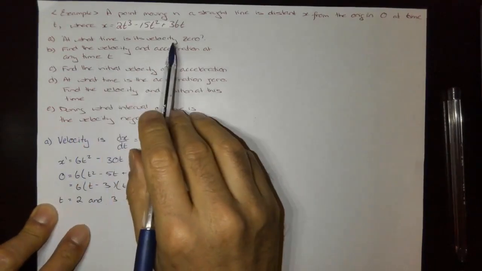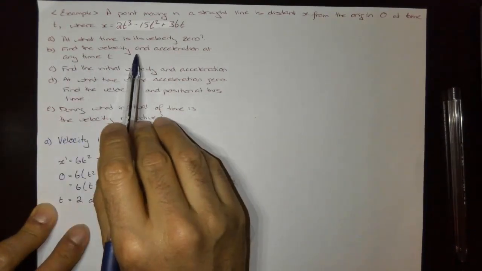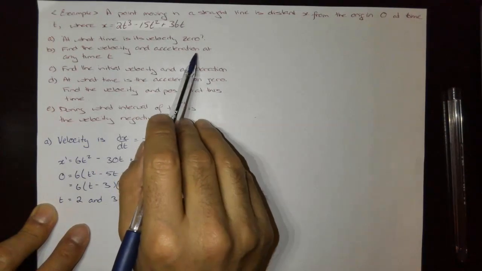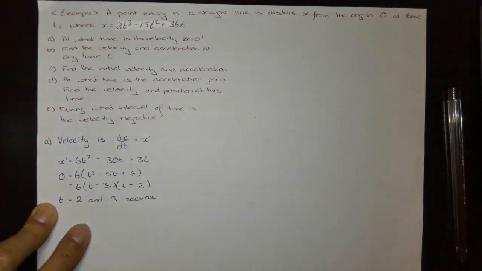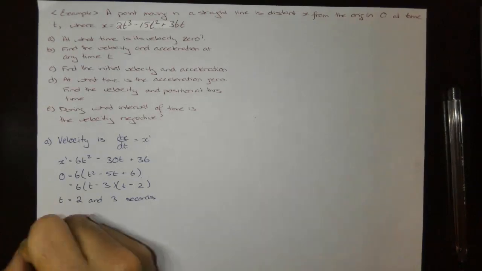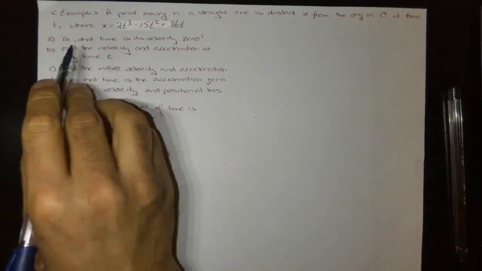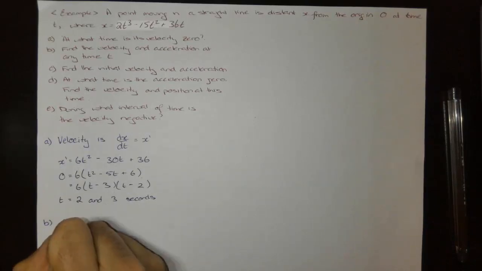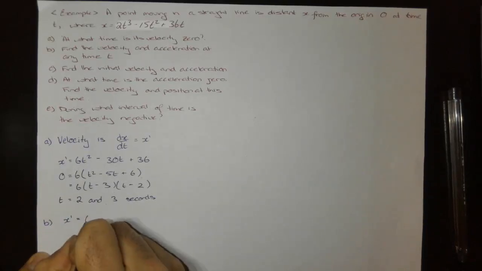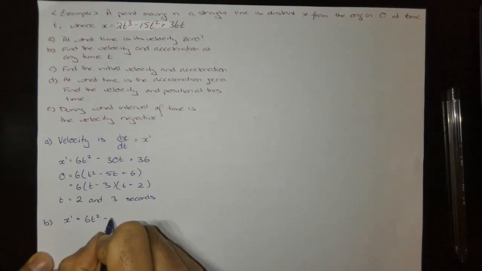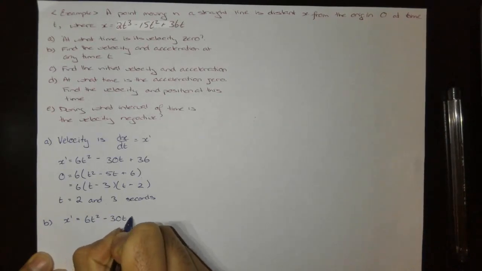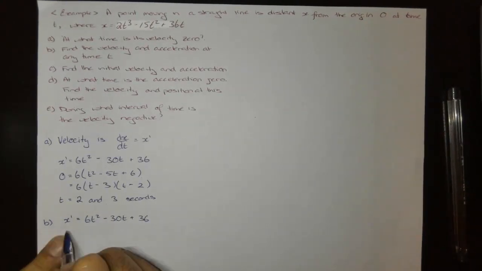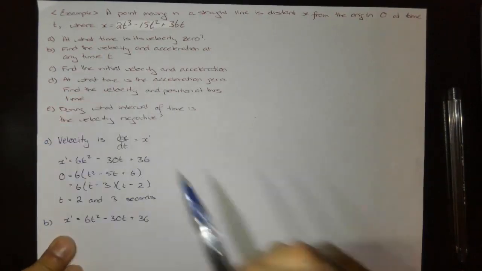We want to find the velocity and acceleration at any time. Well, the velocity at any time is this equation, x dash, the rate of change of displacement.